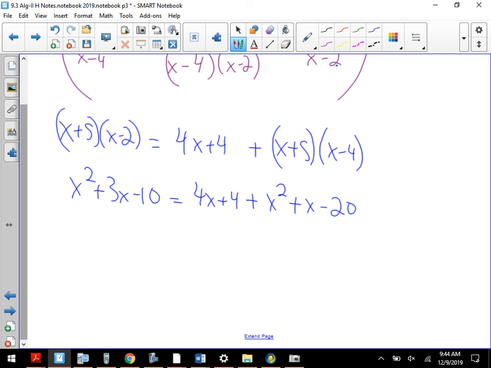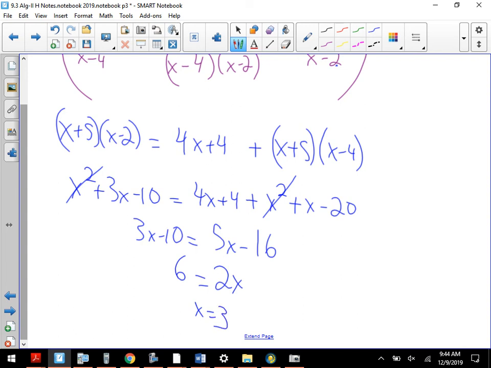It goes away. Okay. So now I have 3x minus 10 is 5x minus 16, I believe. Subtract the 3x, add the 16. 2x, and I get x is 3.